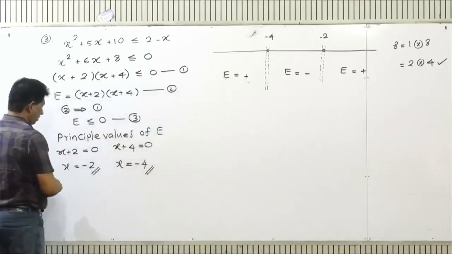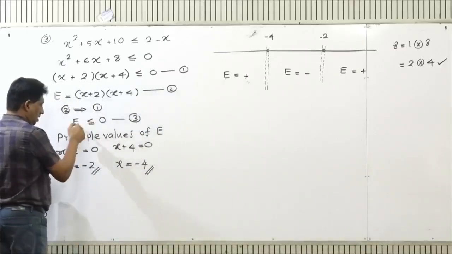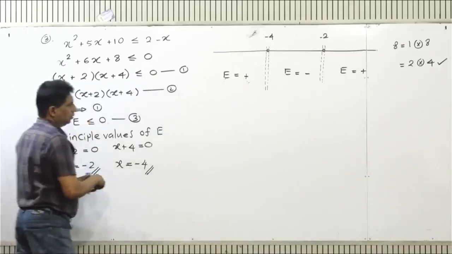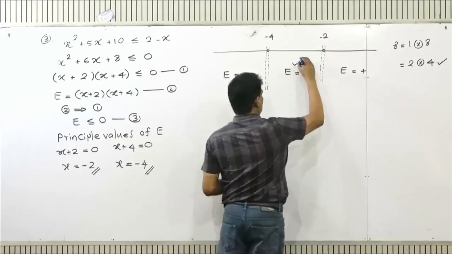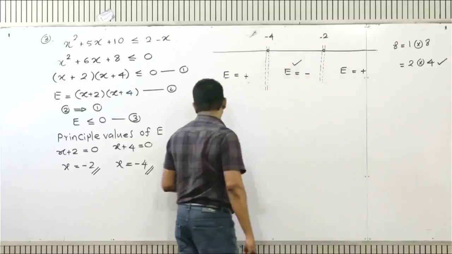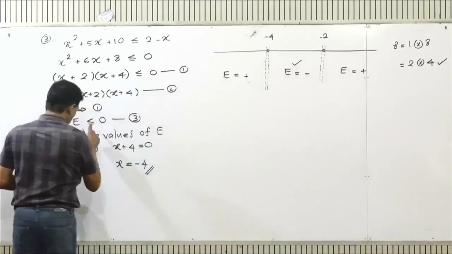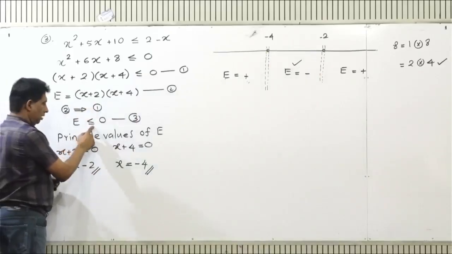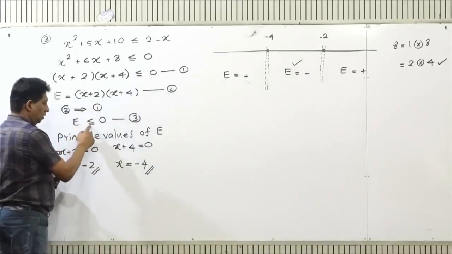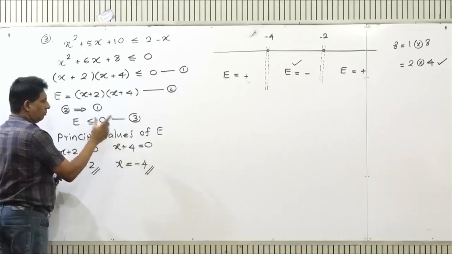Now we want E less than 0, no? E should be less than 0, that means E negative, this area is the solution area. And here there is an equal mark, no? Meaning when E equals 0, the x value is also a solution.